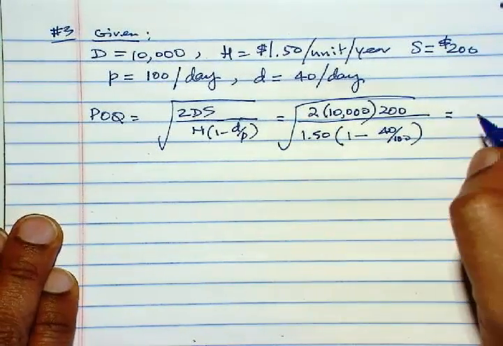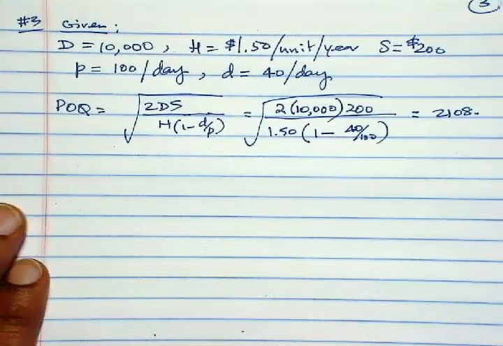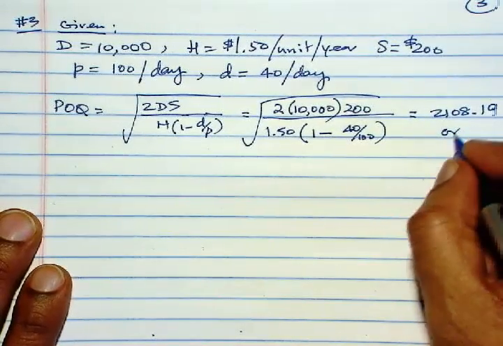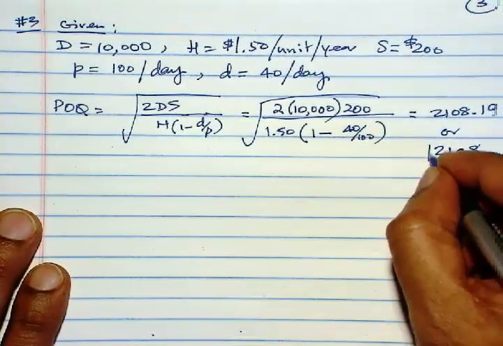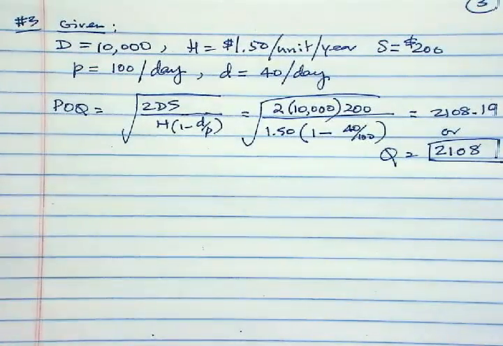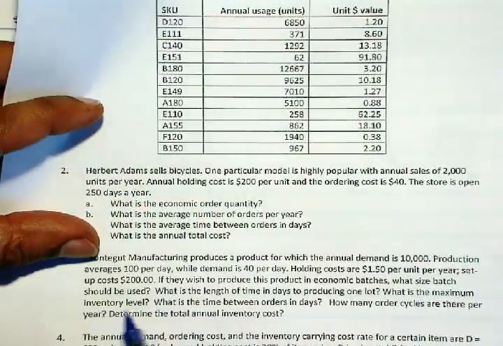So this is 2108.19, or we'll round it to 2108. So that's our production order quantity. So the economic production order quantity is 2108. Okay, so we are done with this.